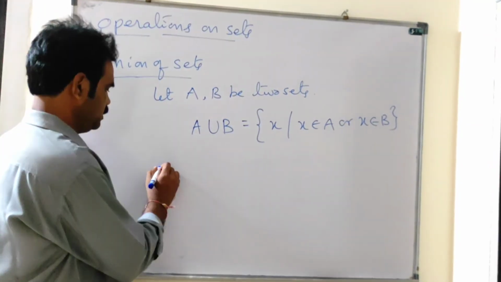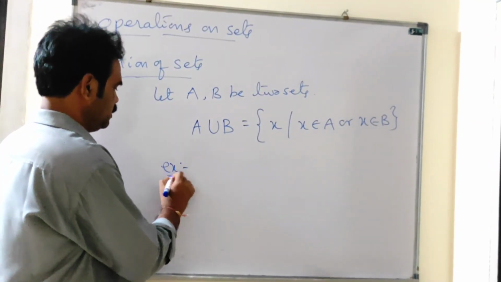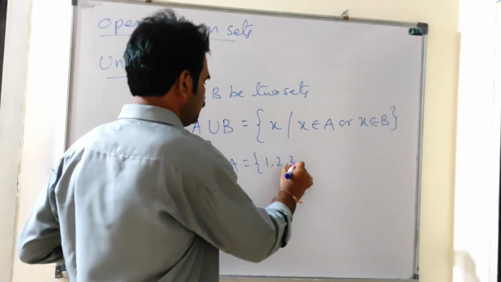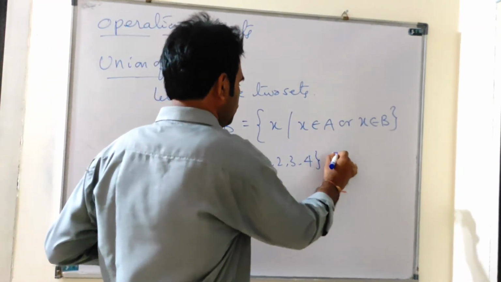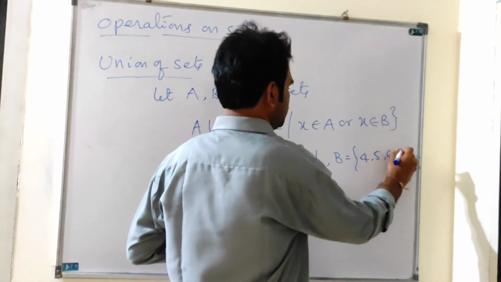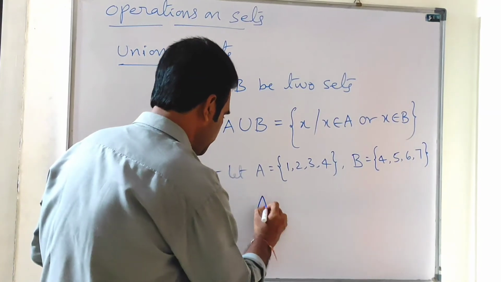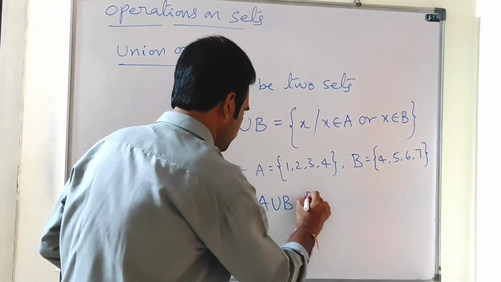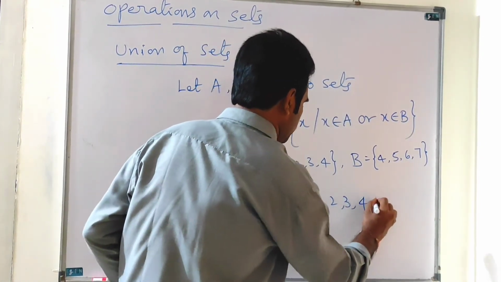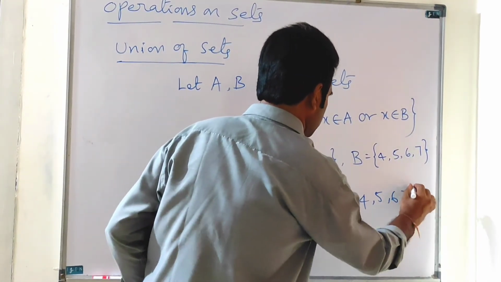See the example. Let A equal to 1, 2, 3, 4 and B equal to 4, 5, 6, 7. Then A union B equal to 1, 2, 3, 4, 5, 6, 7.